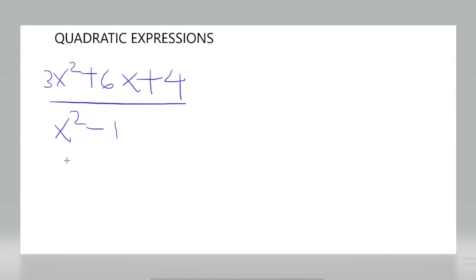And if it's 3x minus 1, the highest exponent is 1, so this one is not a quadratic expression. So that is a very basic explanation of what exactly a quadratic expression is.